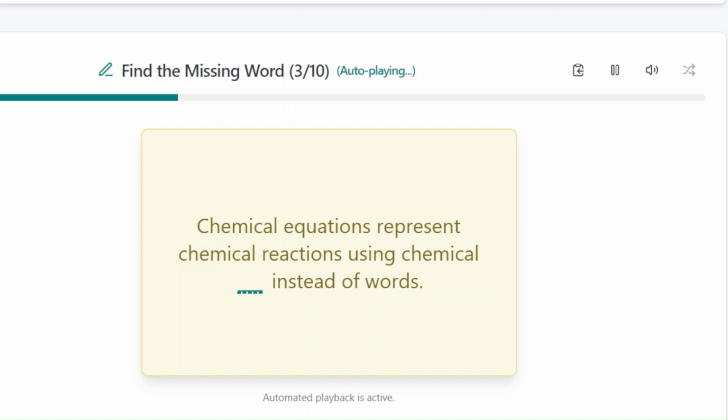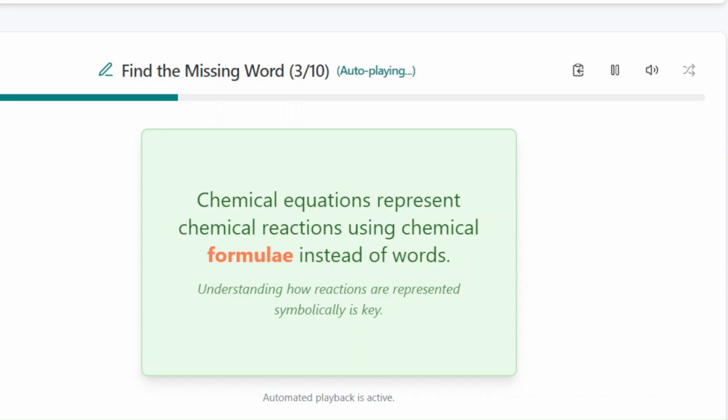Chemical equations represent chemical reactions using chemical dash instead of words. Formulae. Explanation: understanding how reactions are represented symbolically is key.